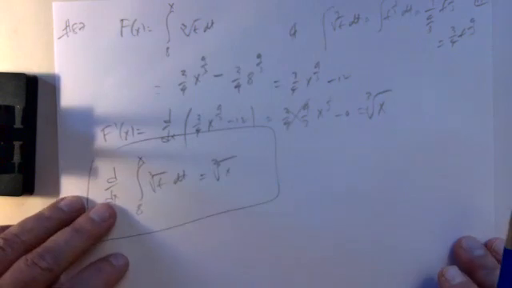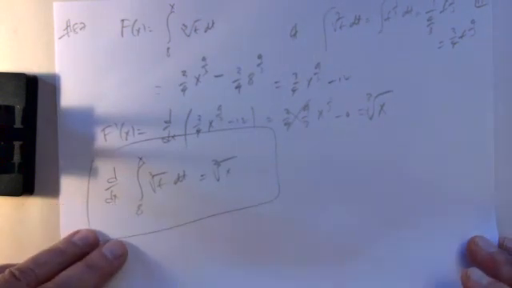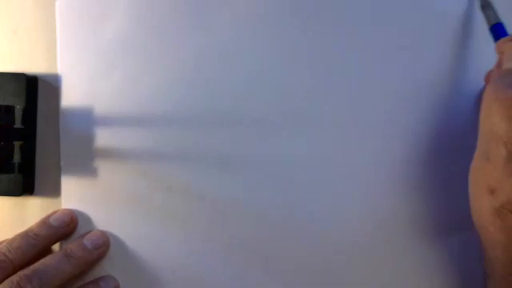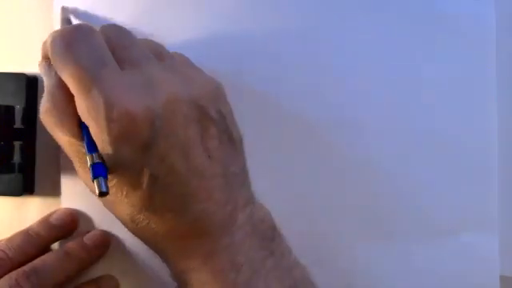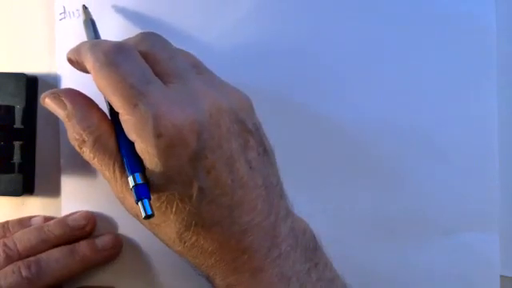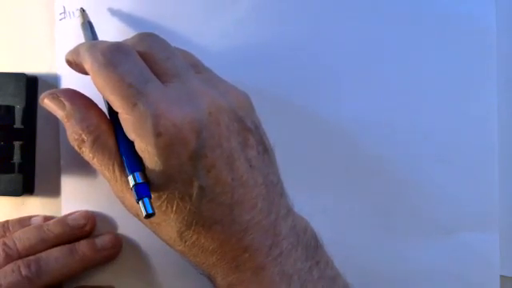We'll do one more that involves total distance traveled. This is the last problem in the homework set, number 113. The particle is moving along the x-axis.